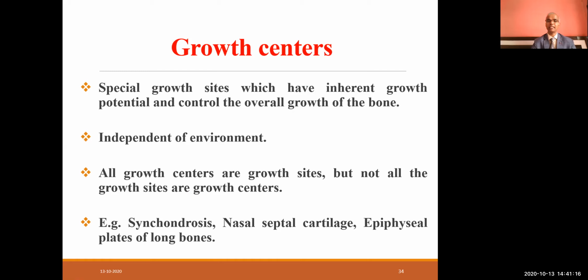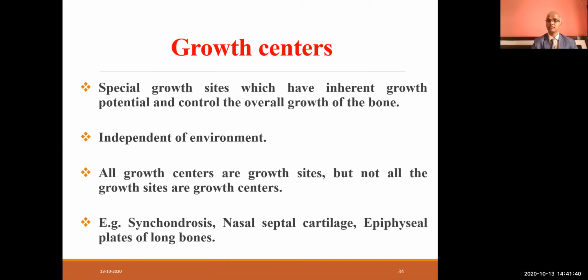And these growth centers are independent of the environment or local factors, because environmental factors cannot control the growth of that particular center. They have an inherent, intrinsic potential for growth.